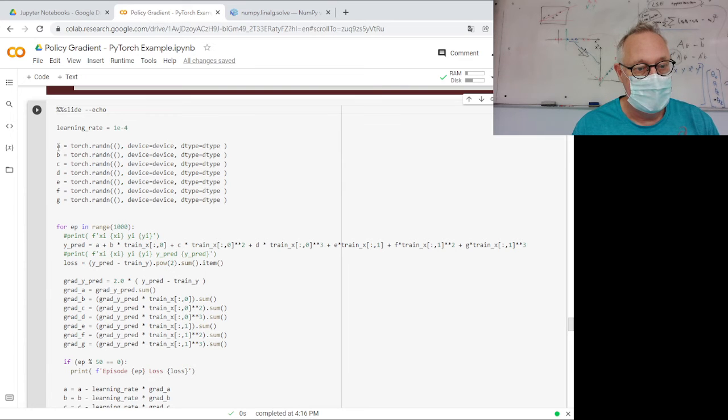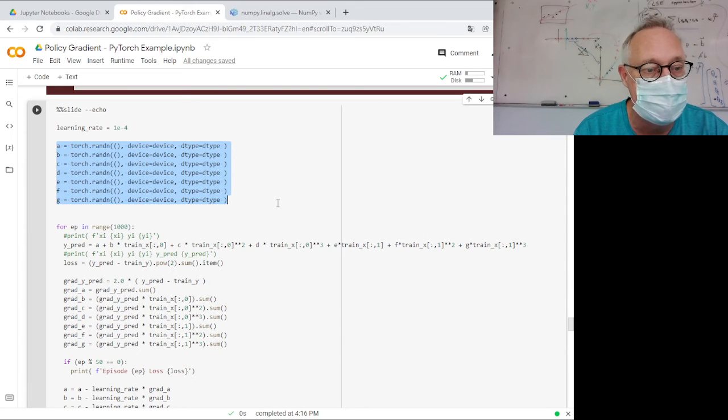I could have written this as a single vector, but I wanted to make it explicit, so we have unknowns A, B, C, D, E, F, G, where it's A plus B times X plus C times X squared plus D times X cubed, plus E times Y plus F times Y squared plus G times Y cubed.